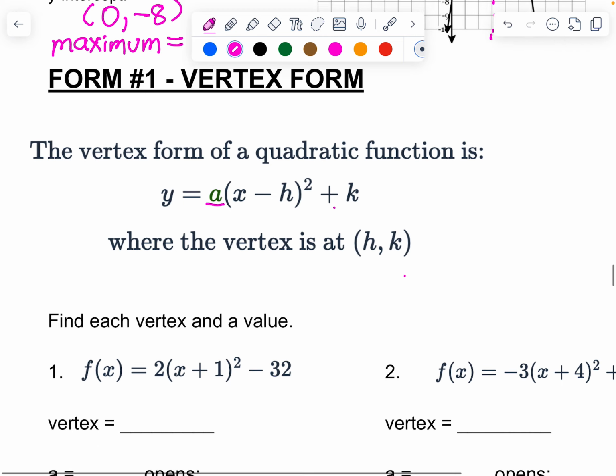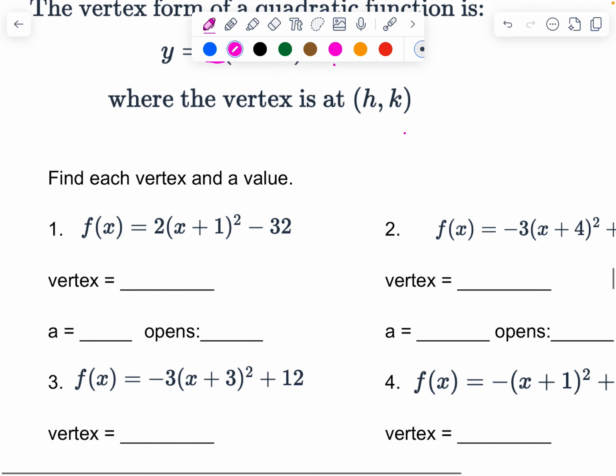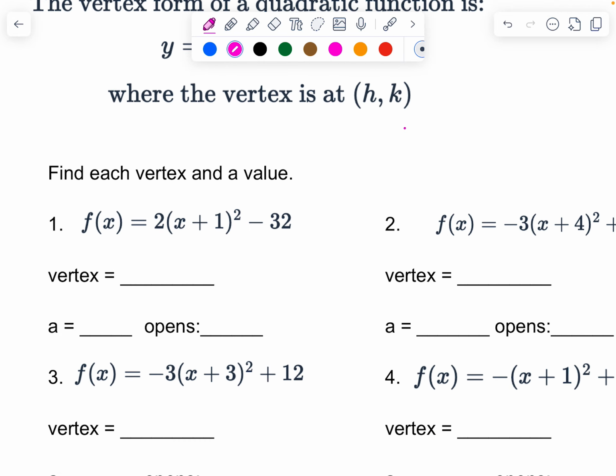So let's just do a check, and hopefully you tried some of these. If not, you'll pick it up quickly, because a lot of this is just renaming what you already knew from transformations. So the first one, your vertex should be (-1, -32).